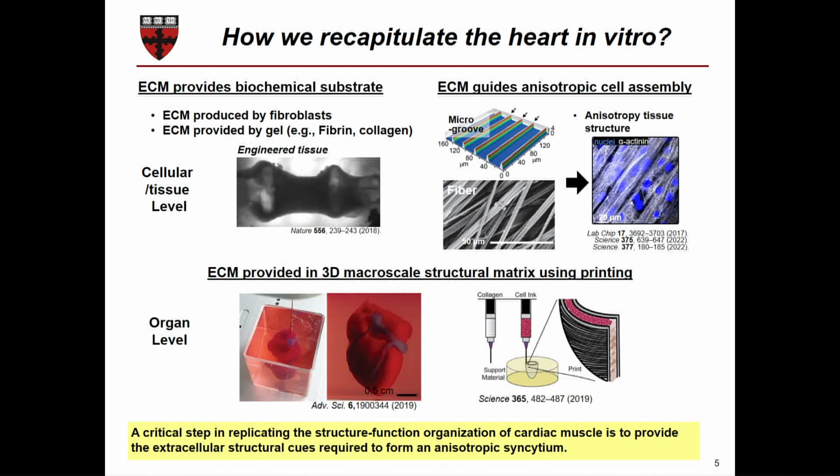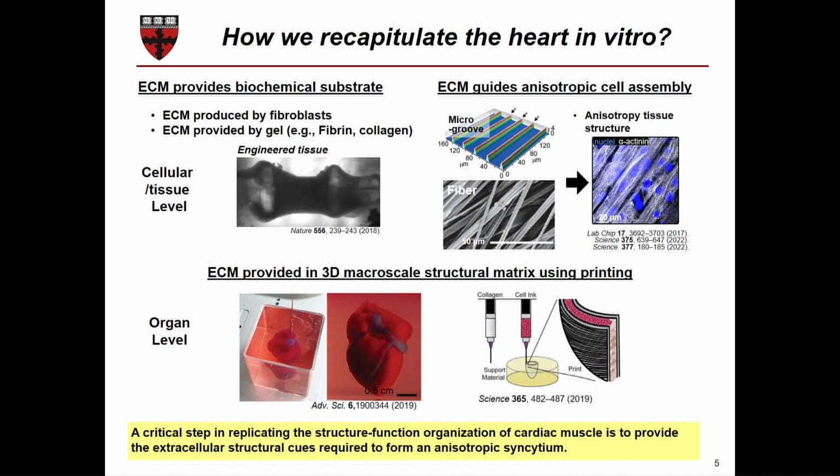On the other hand, since our body's heart has an anisotropic fiber structure, we can provide a microstructure to guide the cells' alignment. If we culture the cells on top of this microstructure, like a microgroove structure or fiber structure, we can achieve this anisotropic cardiac muscle structure.